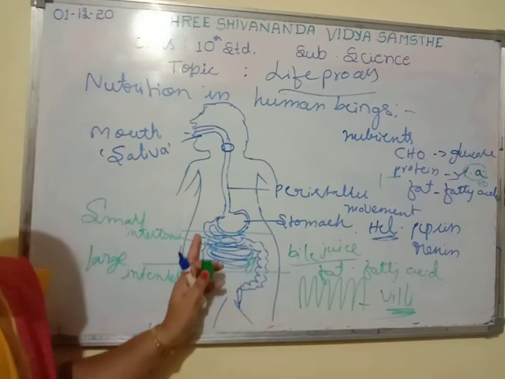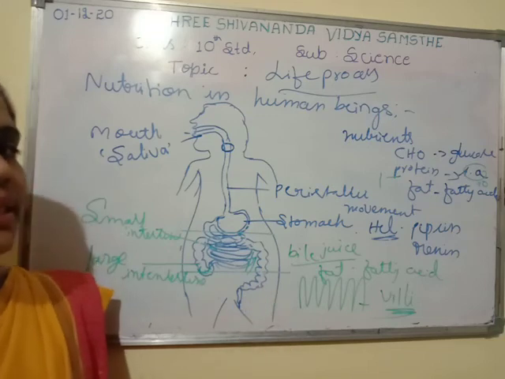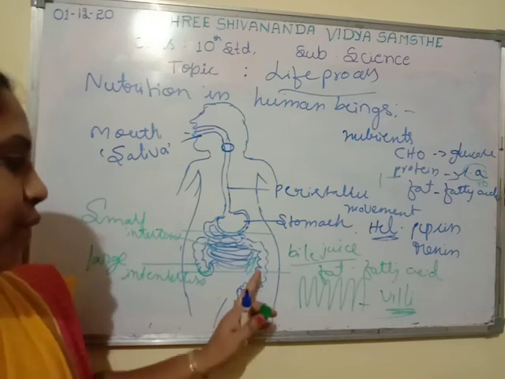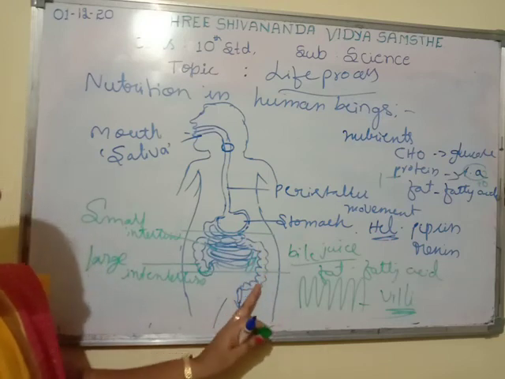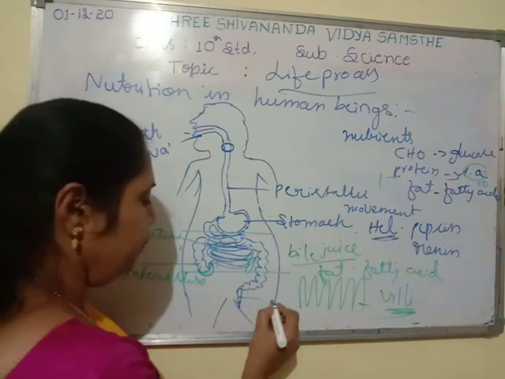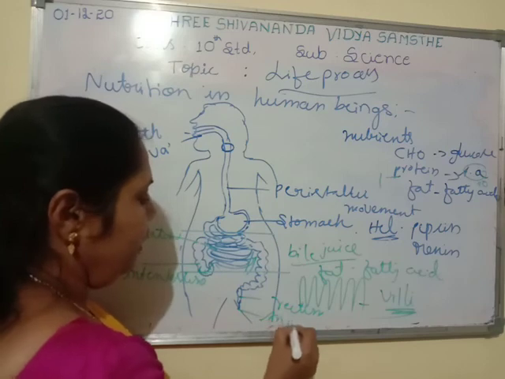Okay, and then finally undigested food. ಯಾವ ಫುಡ್ digestion ಆಗದೆ ಹಾಗೆ ಉಳಿಯುತ್ತಲ್ಲ, ಅಂತಹ ಫುಡ್ಡನ್ನು ಅದು ಇಲ್ಲಿ ಬಂದು ಸ್ಟೋರ್ ಆಗುತ್ತೆ. And then it goes to the rectum, and from the rectum to the anus.